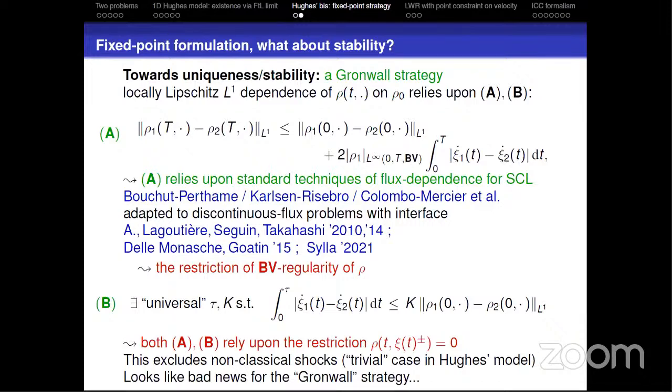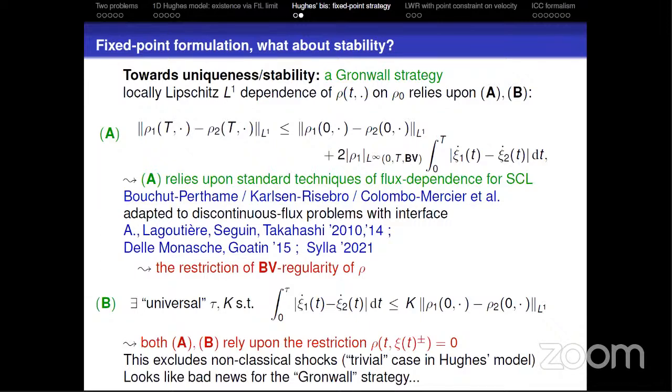And because this tau is universal, you can bootstrap your estimate. At some point, you will find k to the power of the number of steps. You have to go to capital T, but this will give you the desired local Lipschitz estimate on this in terms of that.